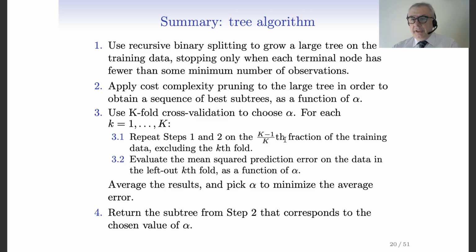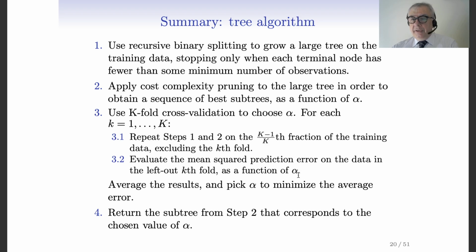So there is 1/k of the training data that is kept apart, and I work on the (k minus 1)/k fraction of the training data. I evaluate the mean square prediction error on the left-out kth fold, and I do this as a function of alpha.